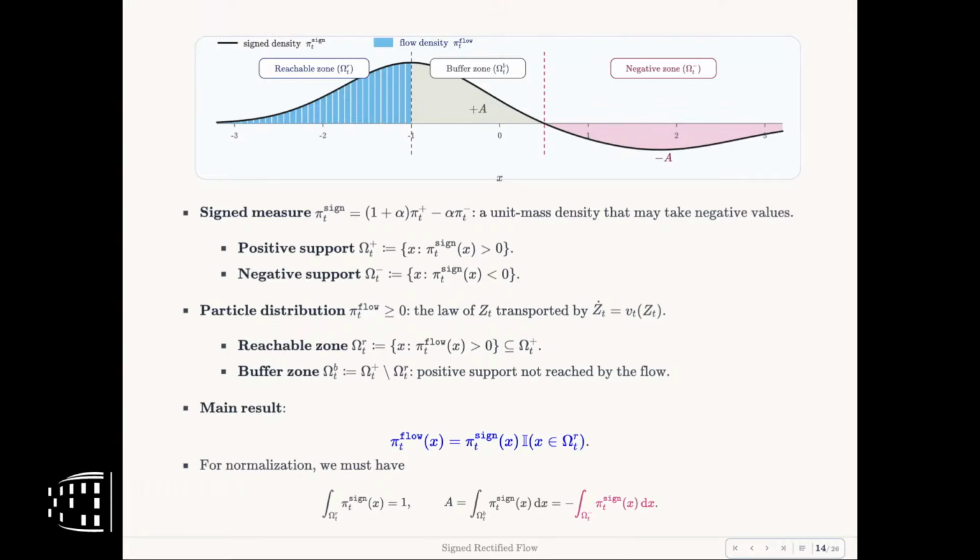So this is another part of the flow. As it turns out, there will always be a buffer zone by definition. This is because of the empirical observation we had earlier, which can be summarized this way: the flow distribution equals the signed probability constrained on the reachable region. It's automatically normalized, because you can see the histogram and the density exactly overlap.